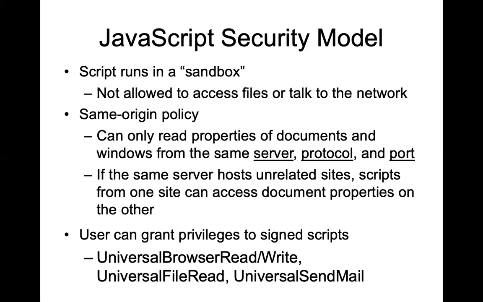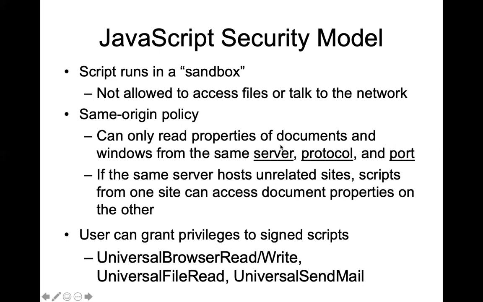We saw in the last class, the main security policy on the web is that of the same origin policy. What the same origin policy states is that all documents and artifacts associated with a particular web page are tagged with a triple: the server, the protocol, and the port that was used to deliver that content.